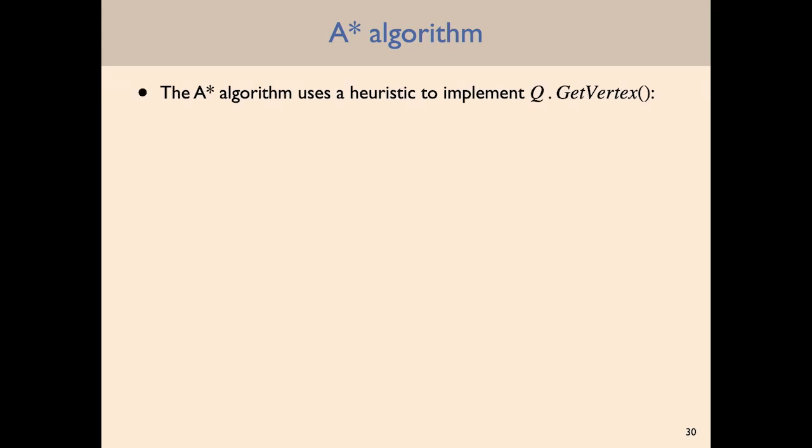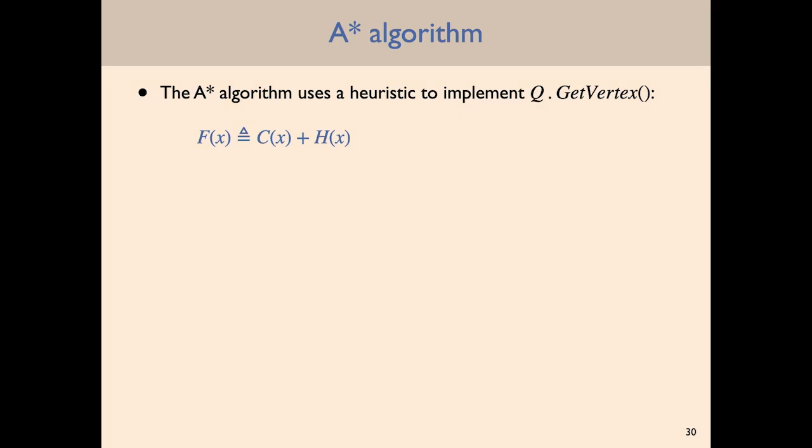The A-star algorithm has essentially an identical structure to Dijkstra's algorithm. The only modification is going to be how we prioritize things to take out of the queue. So the queue.getVertex function is going to be implemented just slightly differently from what we did with Dijkstra's algorithm.